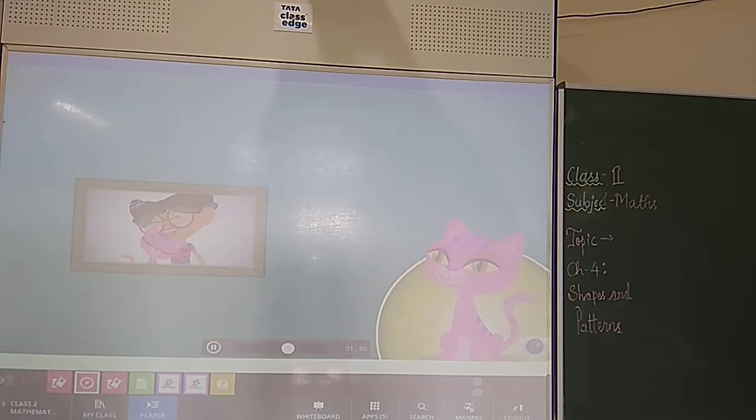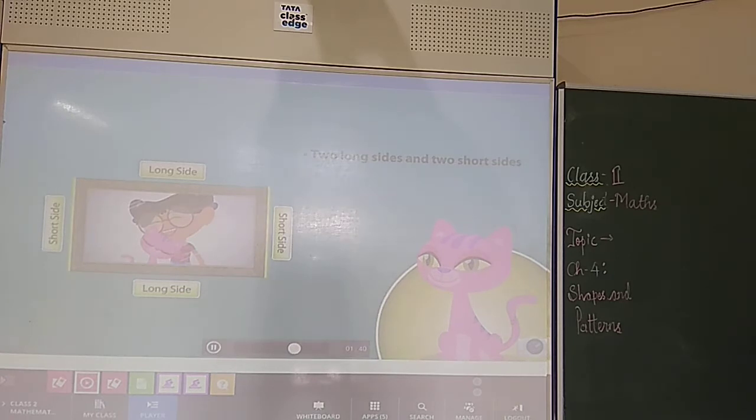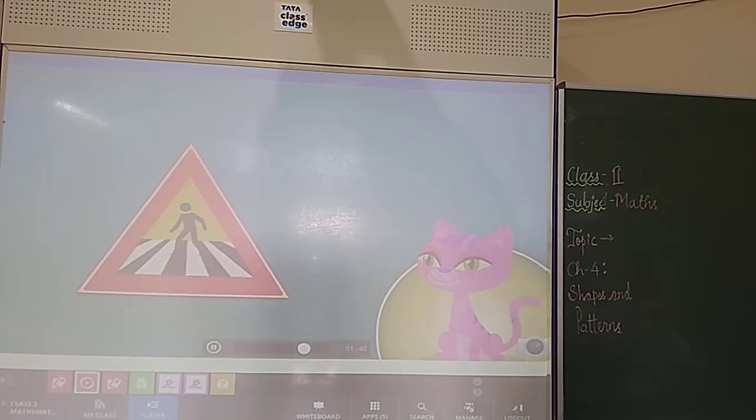This photo frame has a picture that is dear. 2 long sides and 2 short sides are here. With opposite sides equal and 4 corners to go, makes it a rectangle for you to know. This sign shows where a road crossing would be. Its shape has 3 sides, 1, 2 and 3.